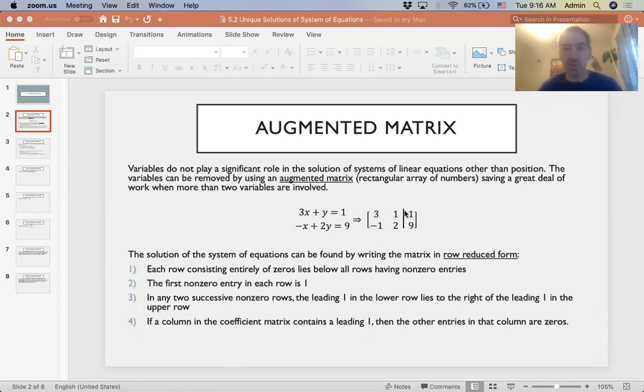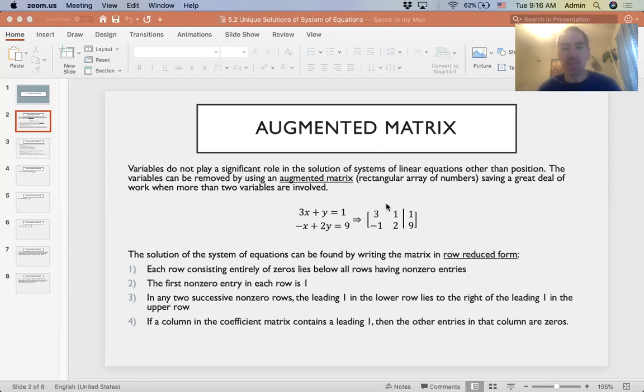Now I have this vertical line here. This is an augmented matrix. The left-hand side of that vertical line are the coefficients of the variables. On the right side of that vertical line are the constants on the right-hand side of that equal sign. Then in the second row, we would use the -1, 1, and 9.